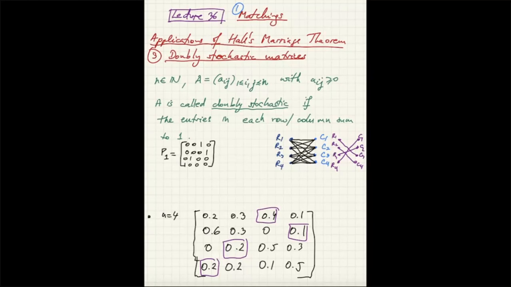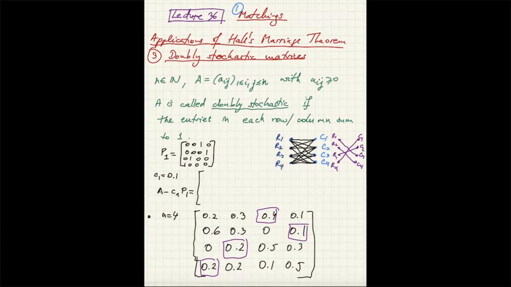Okay, this is a permutation matrix P1. And then we define C1 as the minimum of all these entries in these positions, which is 0.1. And so then from our matrix A, we subtract C1 times P1.